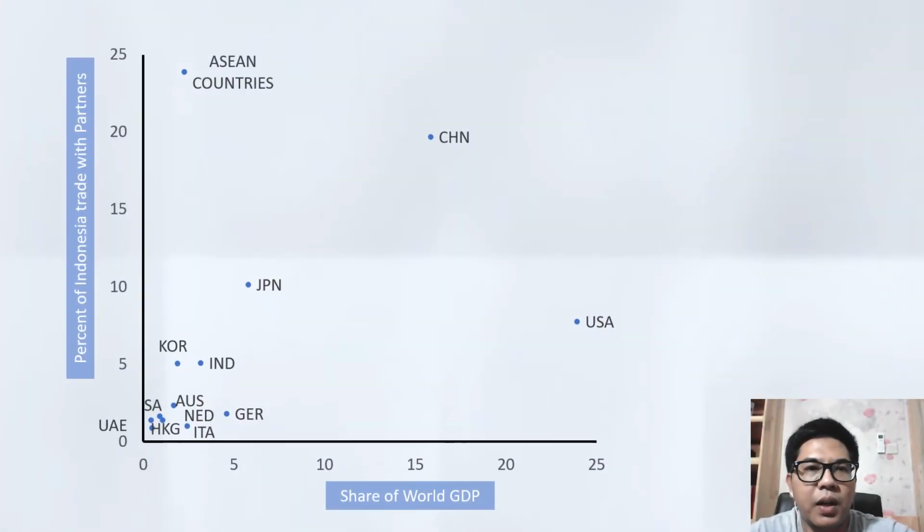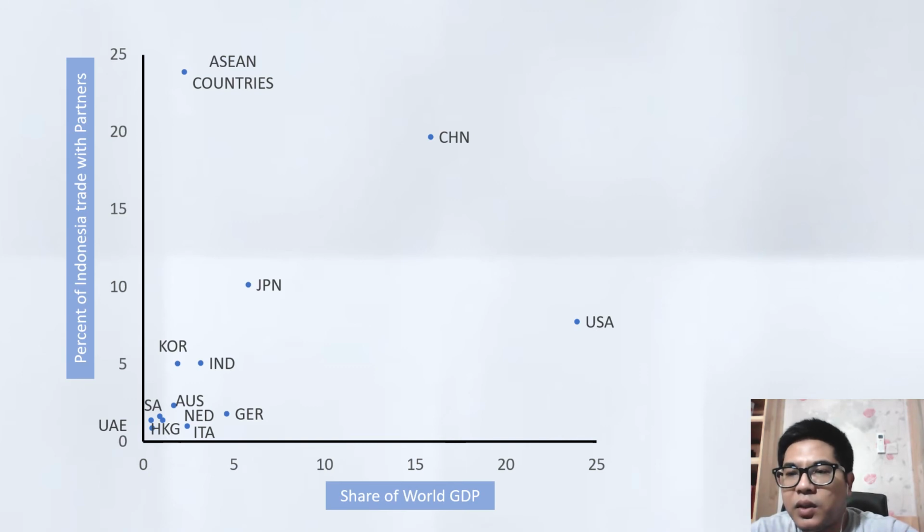The first graph shows that the size of the economy determines Indonesia's value of trade. The value of international trade gets bigger when Indonesia trades with the bigger players in the world economy. Let's see the second scatter plot graph of Indonesia's 17 major trade partners.